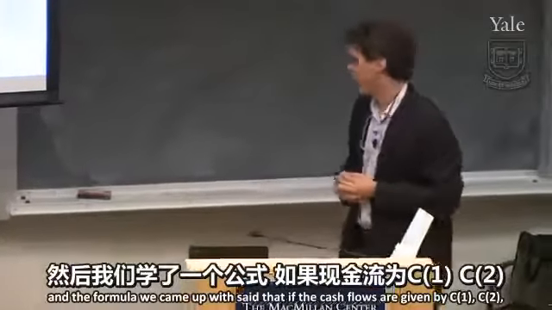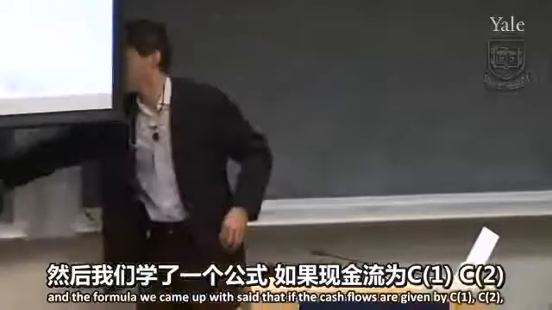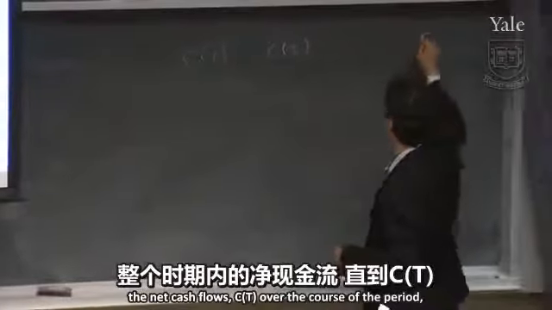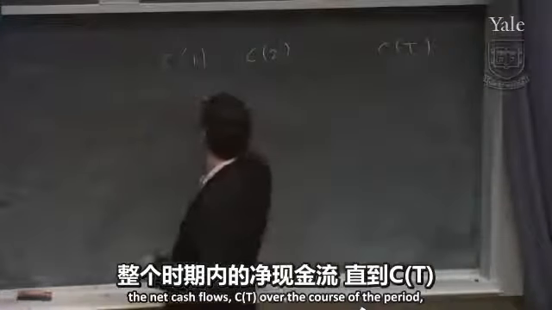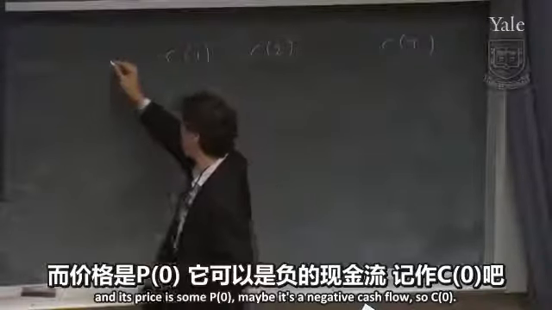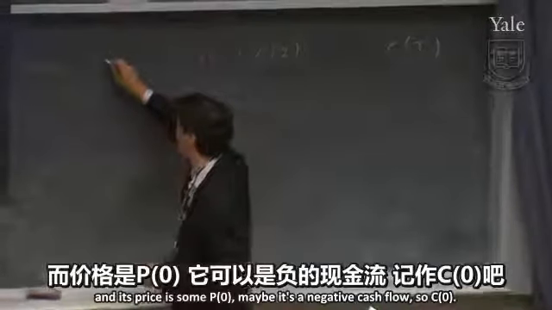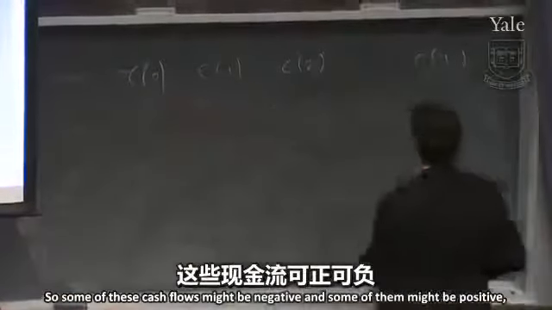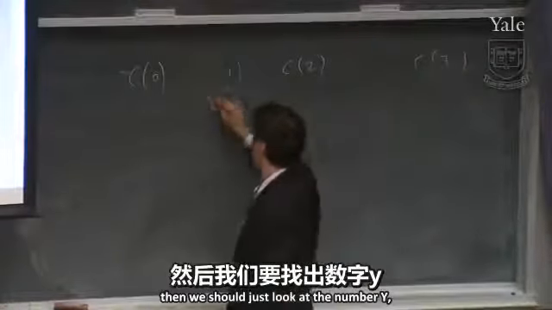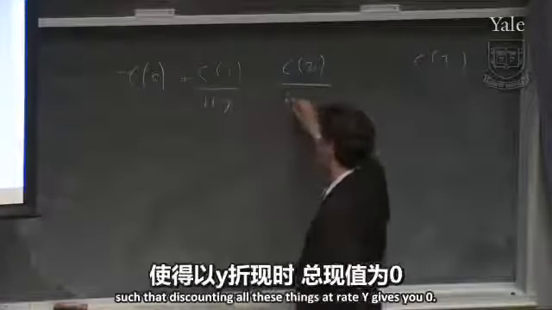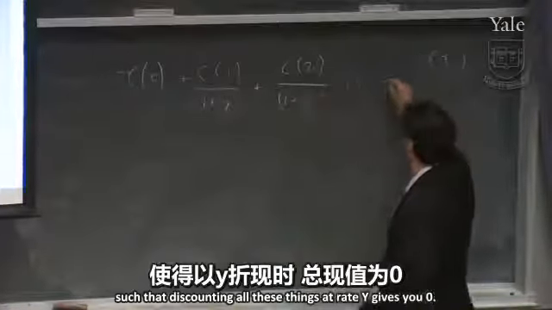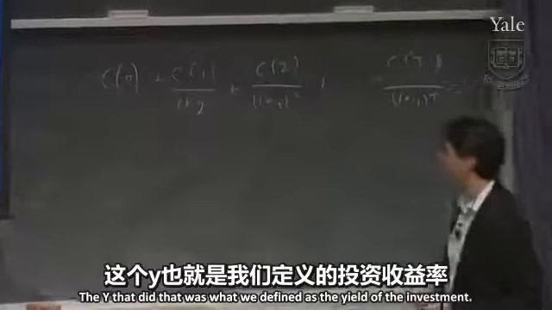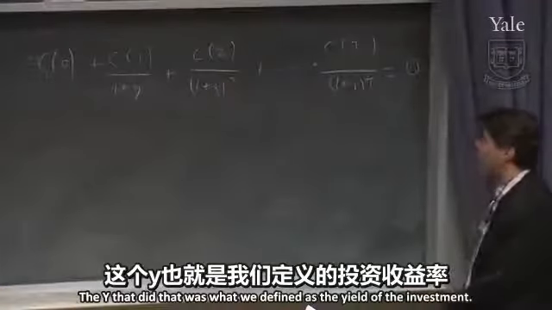And the formula we came up with said that if the net cash flows are given by C1, C2, ..., CT over the course of the period, and its price is some price P0, maybe a negative cash flow, so some of these cash flows might be negative and some of them might be positive, then we should just look at the number y such that discounting all these things at rate y gives you 0. So the y that did that was what we defined as the yield of the investment.